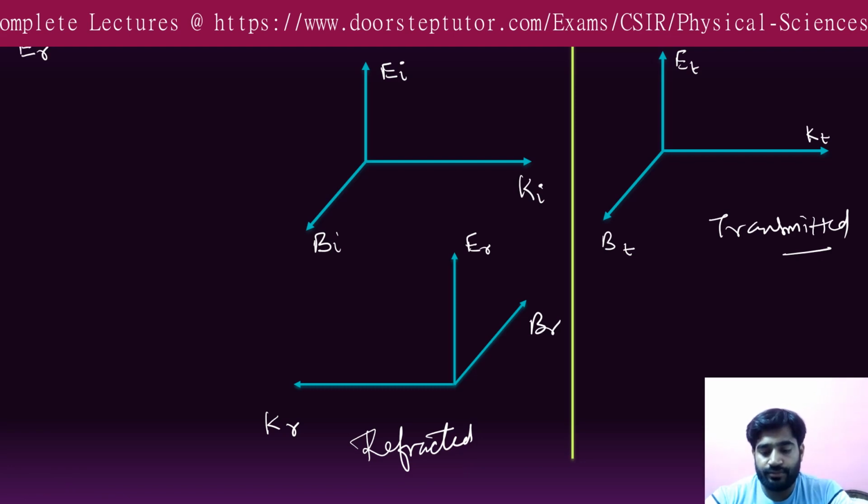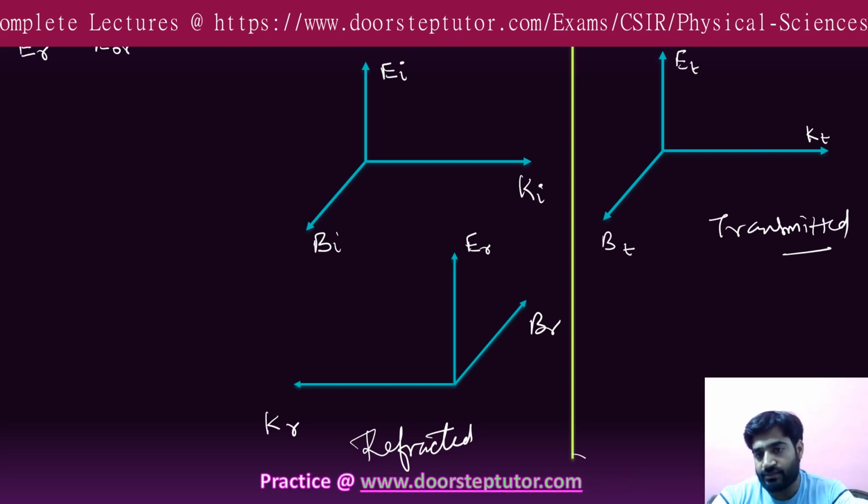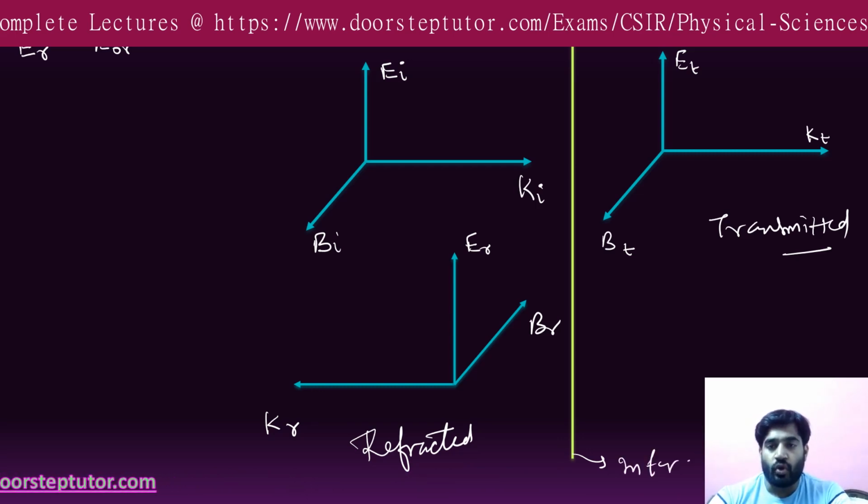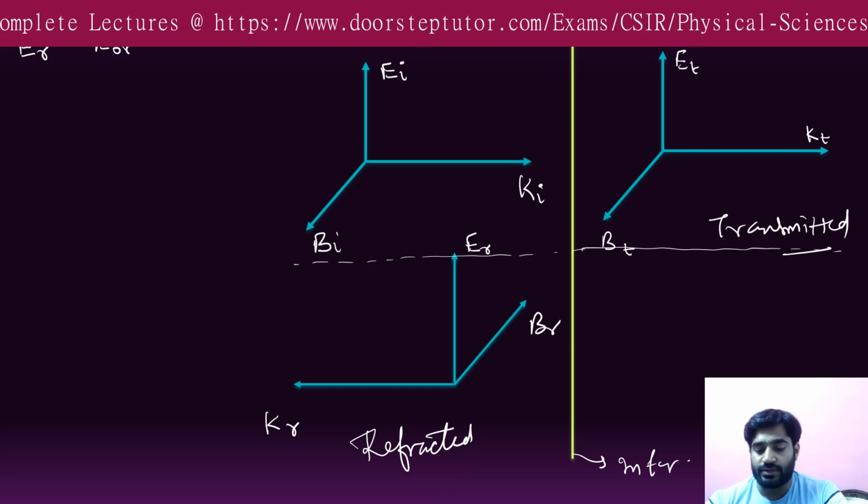Now we will see what Er is. Er is going to be E naught r e to the power i(minus Kr z minus omega t). Now why is this so? For this there is a reason: this light green line is the interface between the two media. Also there is a line dividing them into up and down cases.